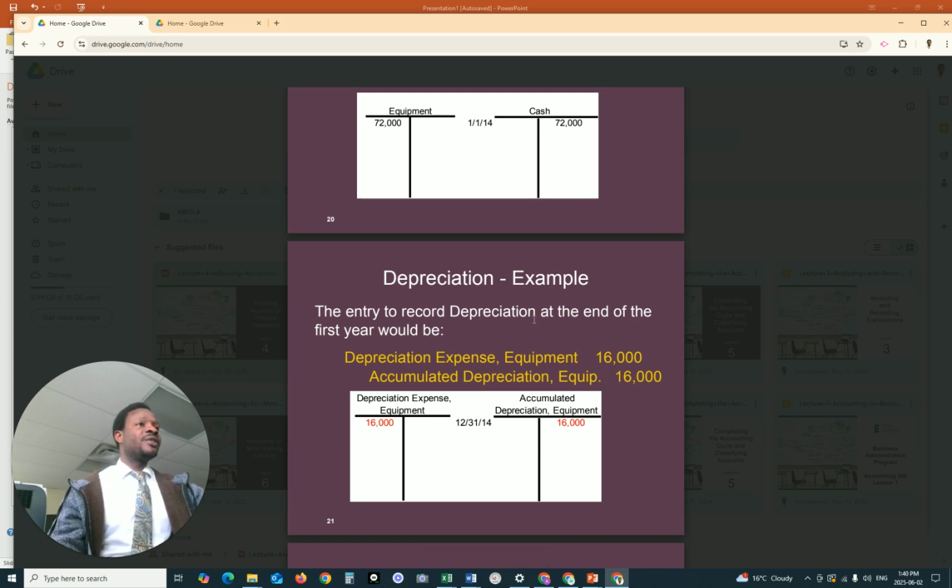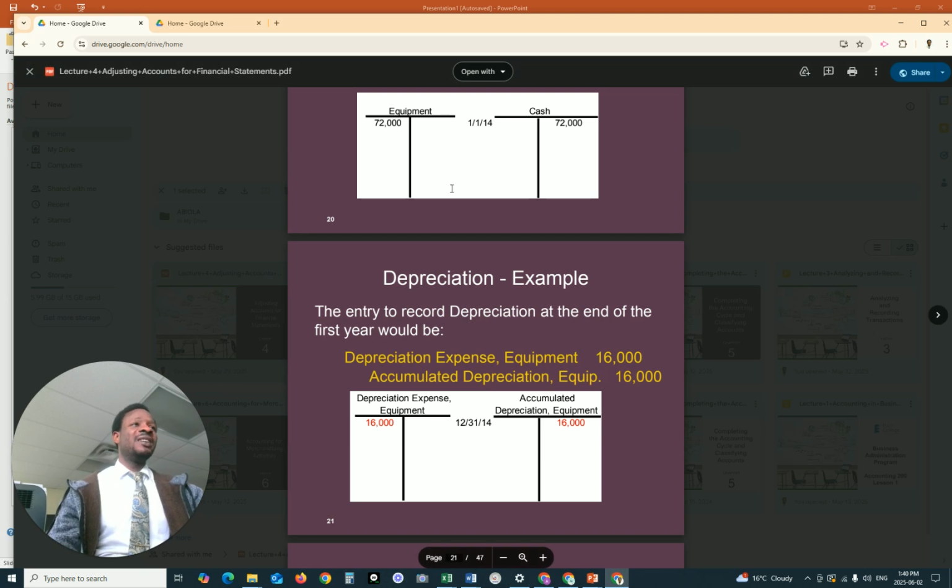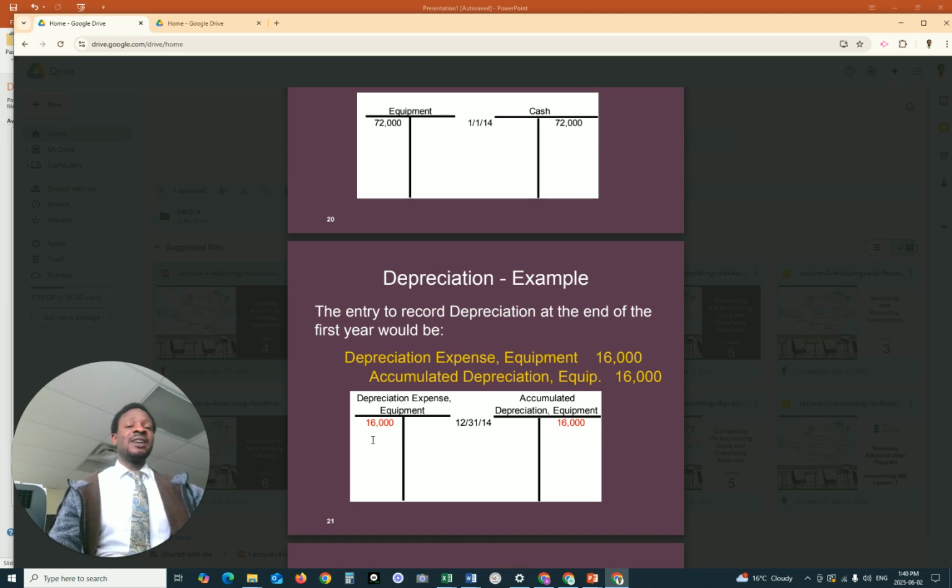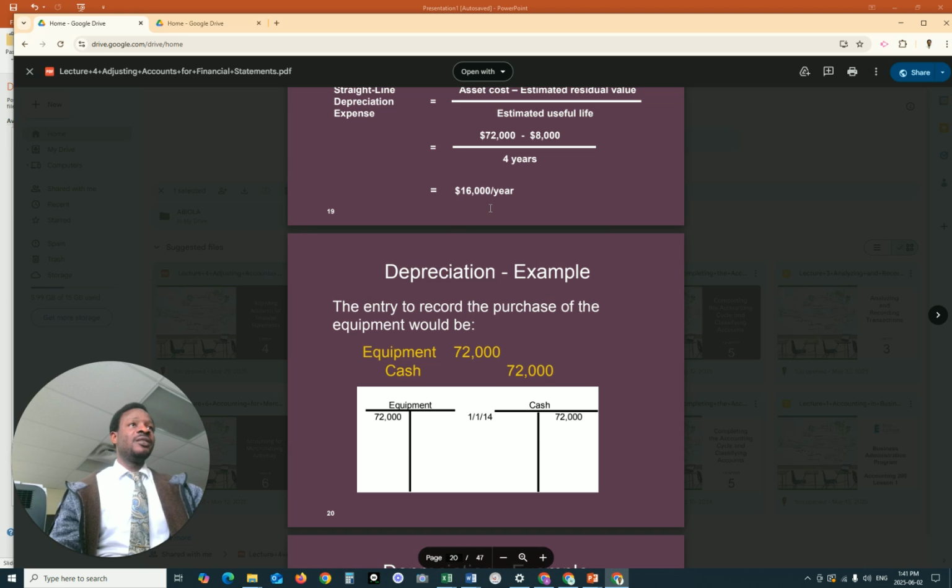So then the depreciation expense account. The entry to record depreciation at the end of the first year would be depreciation expense, equipment, and accumulated depreciation. We have opened equipment and cash account already. So depreciation expense account. So 16,000 was the answer obtained here per year.